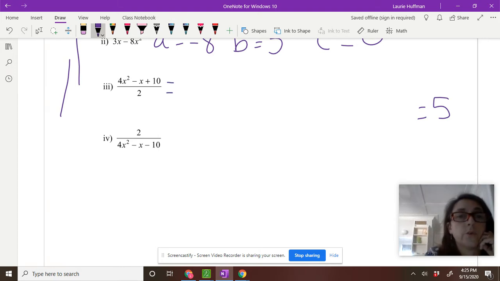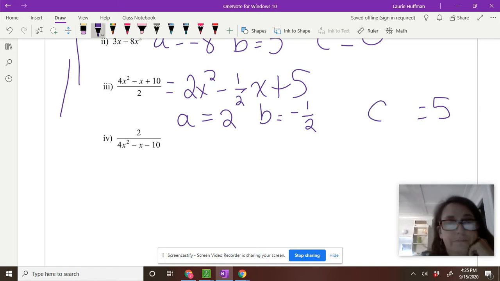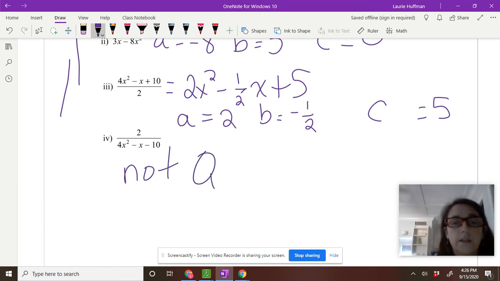So rewritten, this is 2x squared minus 1/2 x plus 5. A is 2, b is minus 1/2, and c is 5. Now in number 4, you can't have the variable in the denominator. In problem 3, I had a denominator, but it was just a number. In problem 4, this does not fit the form, so this is not quadratic.